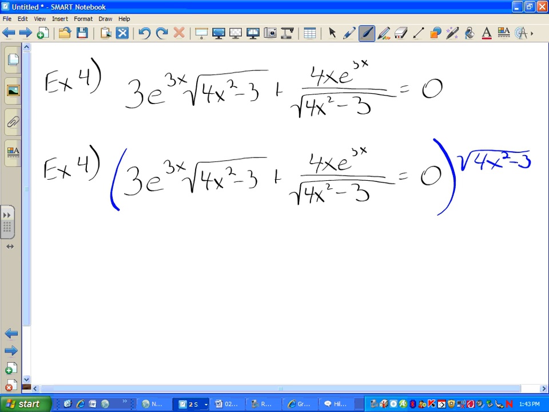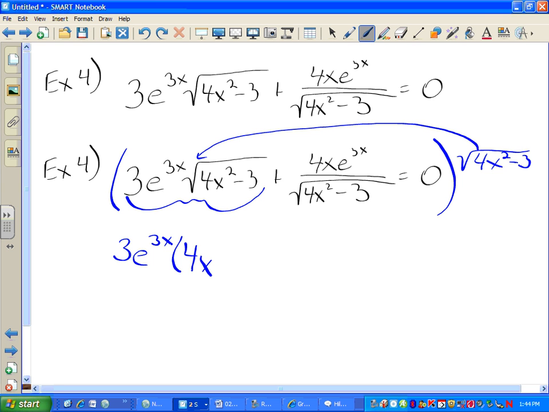Okay, I'm not going to show my work completely. When I multiply 4x squared minus 3 to the first term, which is this term here, I get my 3e to the power of 3x, and this multiplies times itself, so it's 4x squared minus 3 squared.